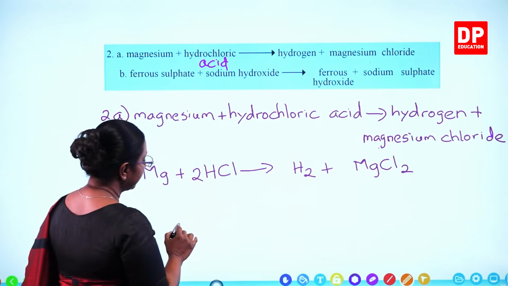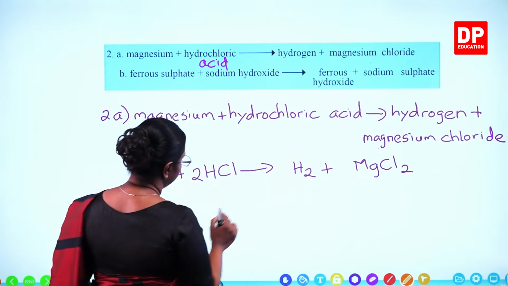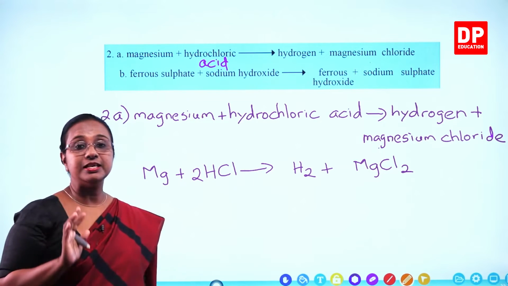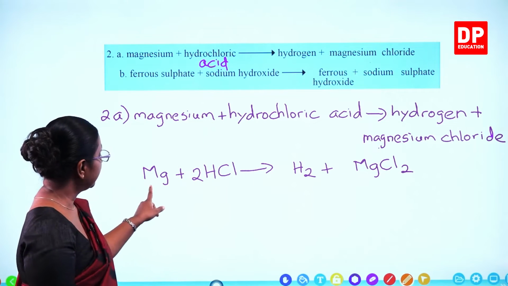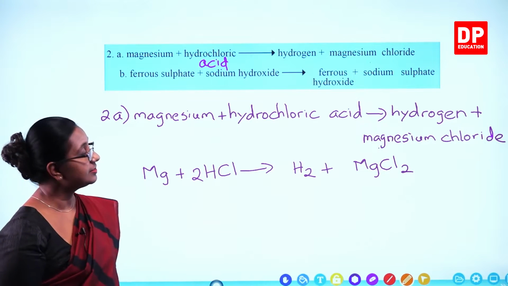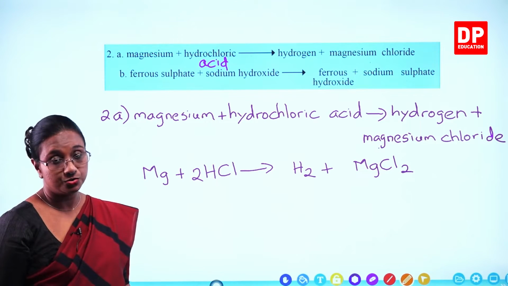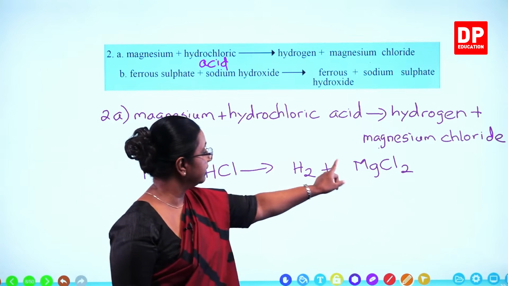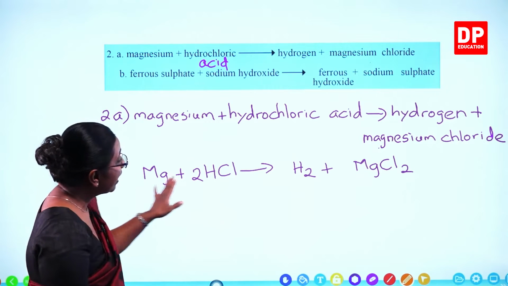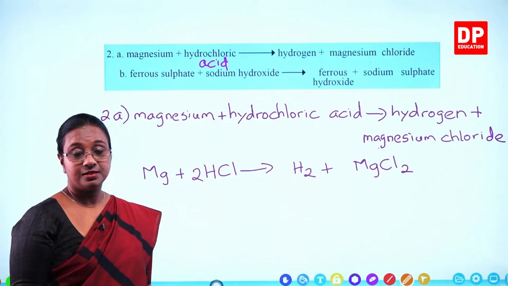Again, Mg same, 2 hydrogens, 2 hydrogens, 2 chlorines, 2 chlorines. So it is balanced. 1 Mg plus 2 HCl giving rise to H2 plus 1 MgCl2. You don't have to write the 1 here. That's already there. So what type of a reaction is this?